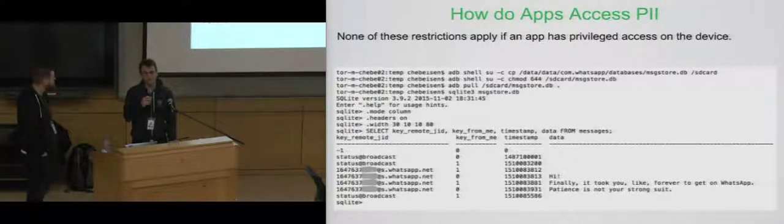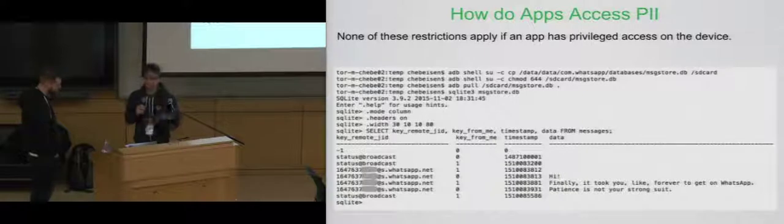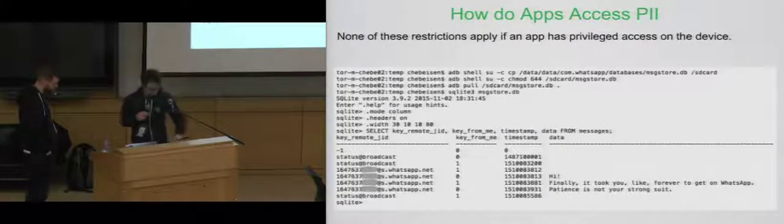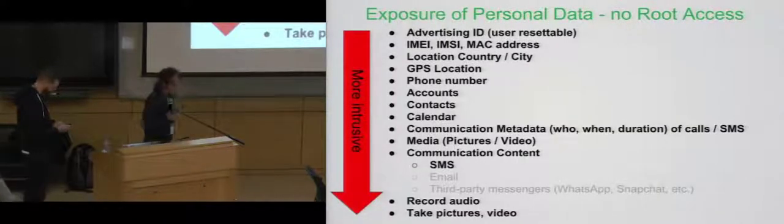So all of the end-to-end encryption in the world is not going to save you if your device is compromised. And again, I'm sure all of your phones get updates directly from Google the day after they come out. I'll leave that one for you to figure out.